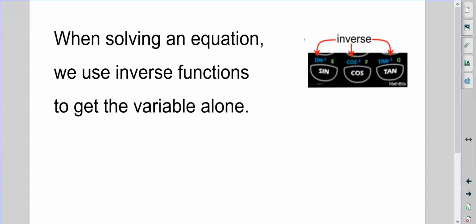So again, we hit the second button, but if you look above sine, cosine, tangent, we have sine -1. It's kind of hard to see. That's inverse sine. Cosine -1 exponent, and tangent -1. Those are the inverse functions.